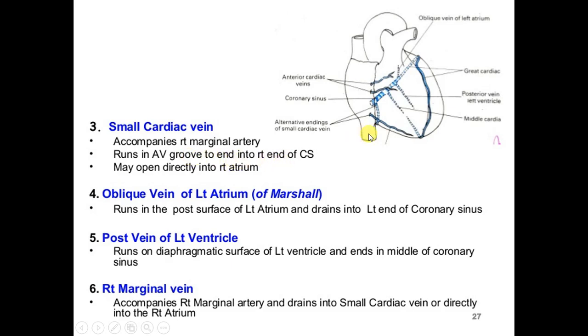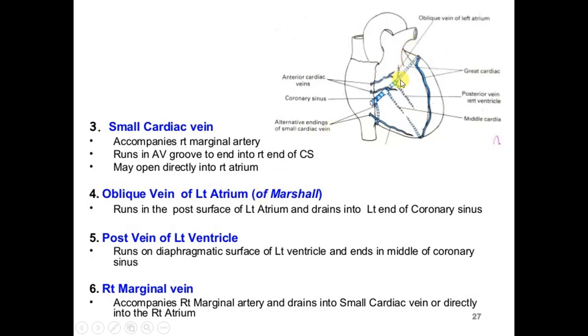Here is the middle cardiac vein, on the left, and there are small cardiac veins here which are entering into it. Small cardiac vein, oblique vein of the left atrium, here the vein of Marshall.